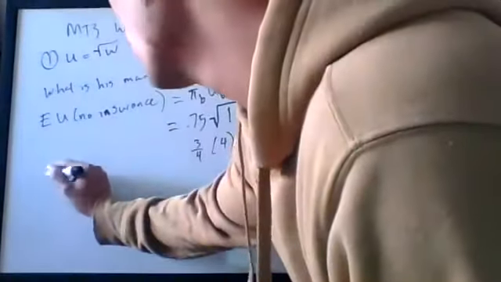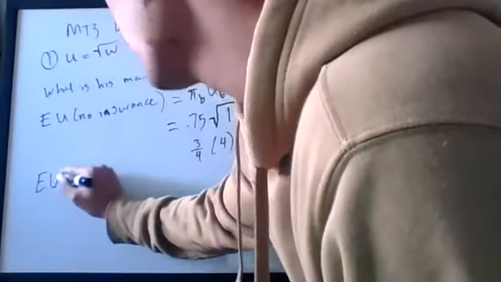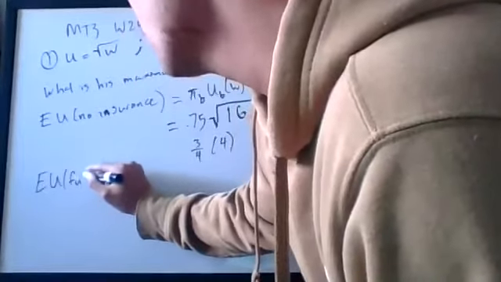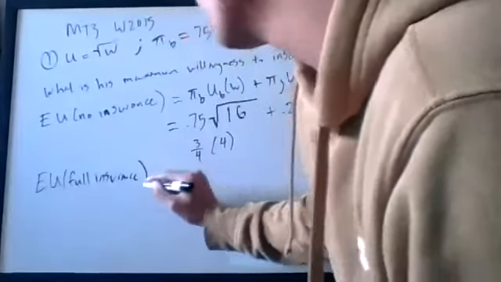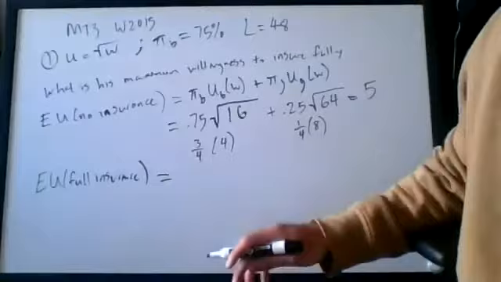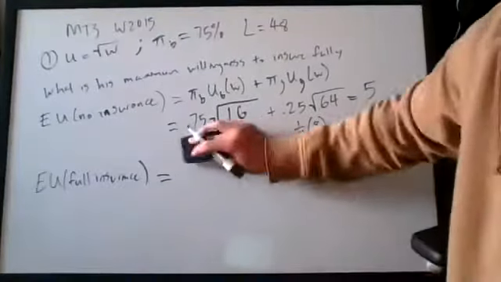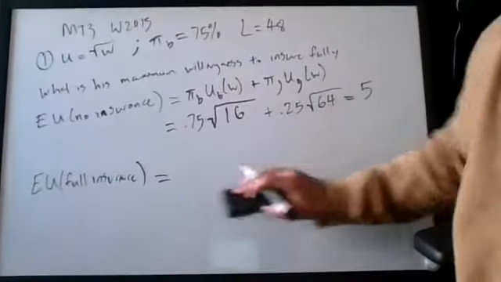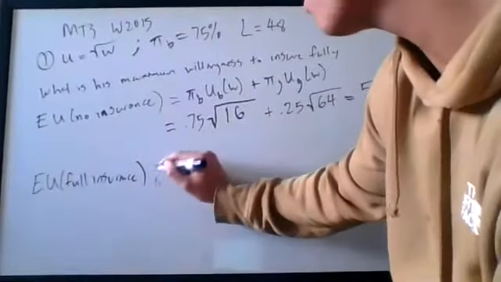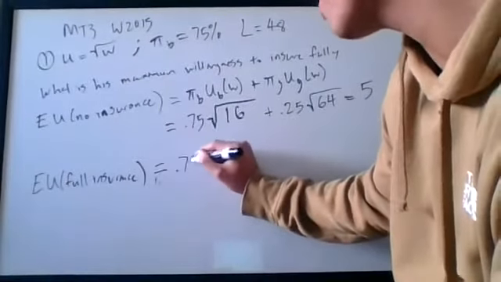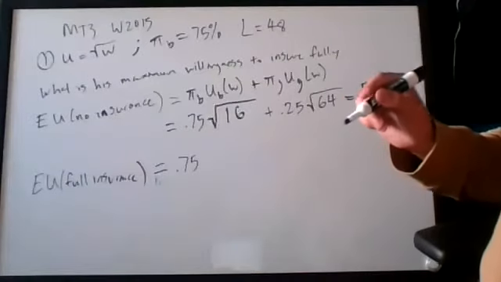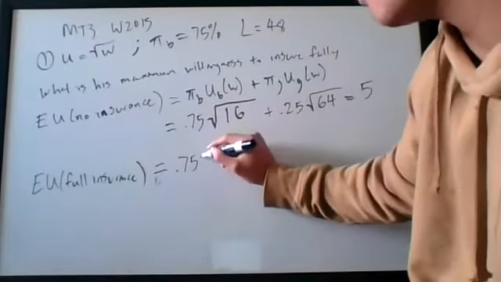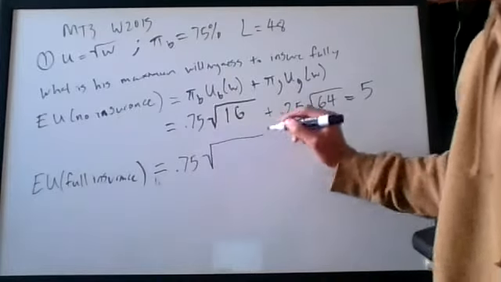So expected utility with full insurance, right? And so the probabilities are still going to be the same. So let me just erase this. The probabilities are still going to be the same, where he has a 0.75 chance of getting in an accident, right? And so we need to calculate what his wealth would be in this state.